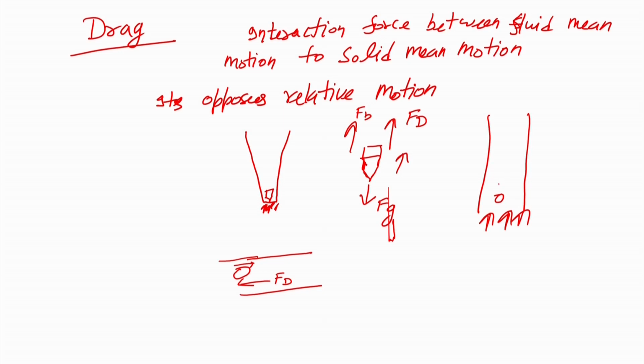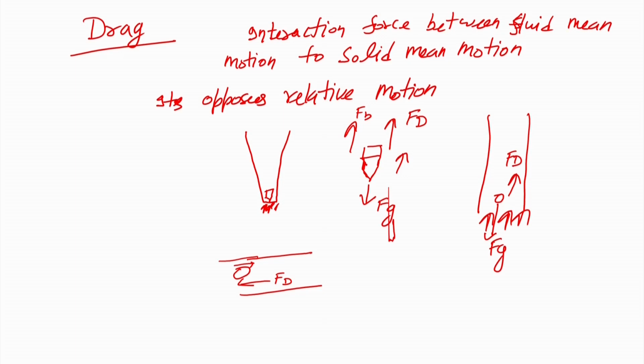In that case the fluid is moving upward, and the solid was initially stationary, so it will try to resist its motion, and in that case the drag Fd will act upward, and Fg will act downward, till the time when the solid velocity is equal to the gas velocity. The moment that happens, the drag will start opposing the motion of the solids.